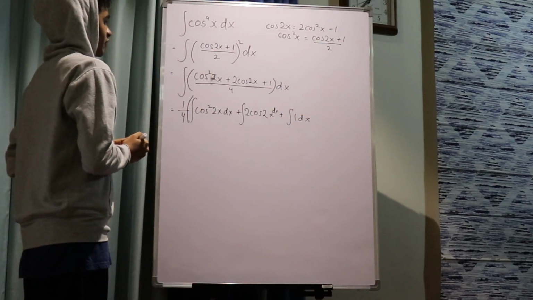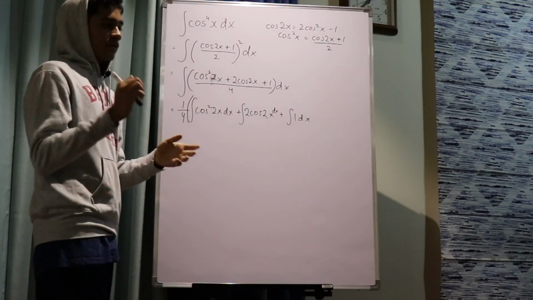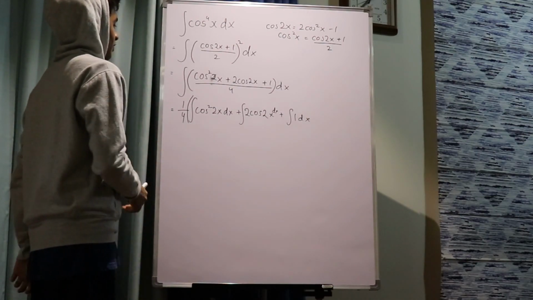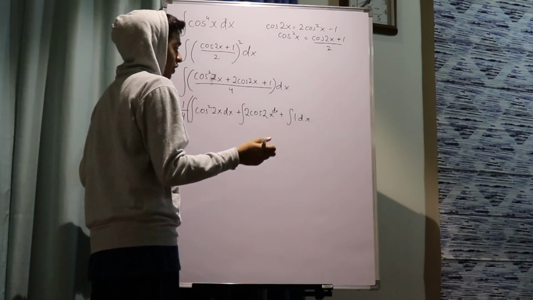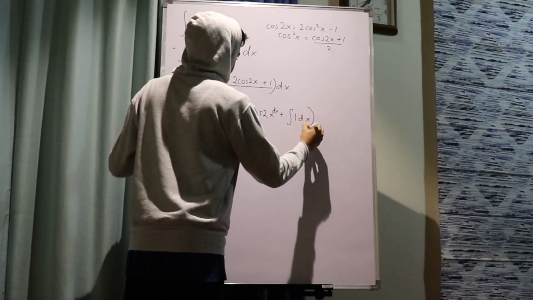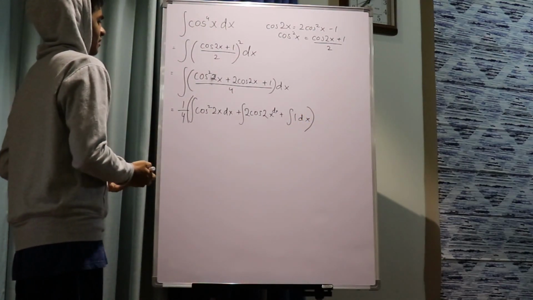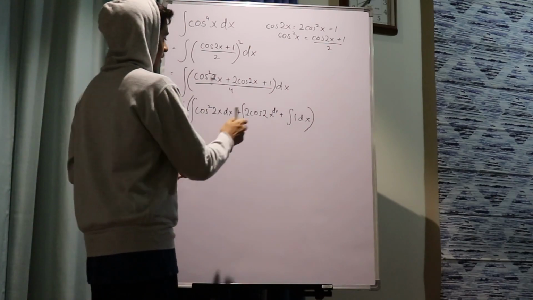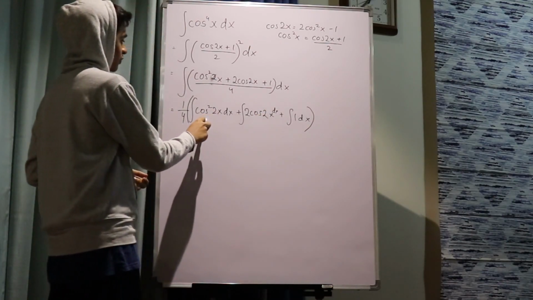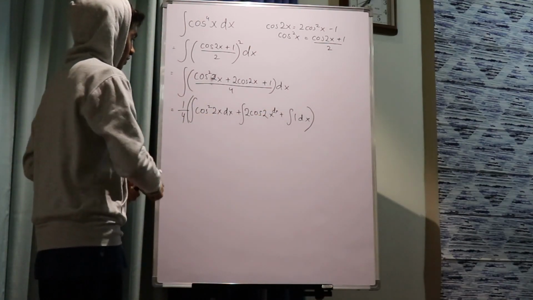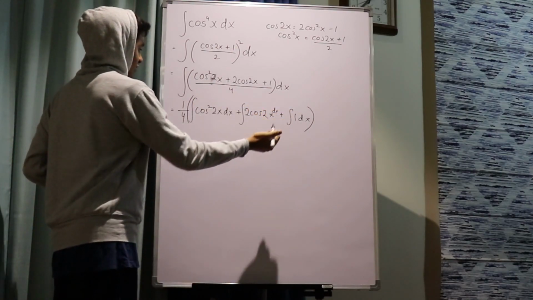Right, so this is what we've got ourselves with. Three separate integrals, and we solve them one by one, and then multiply them with the constant 1 over 4. So it looks pretty simple, right? So let's start with these two, and then we'll get back to the first one because the first one takes longer.